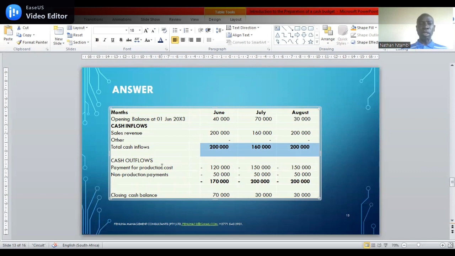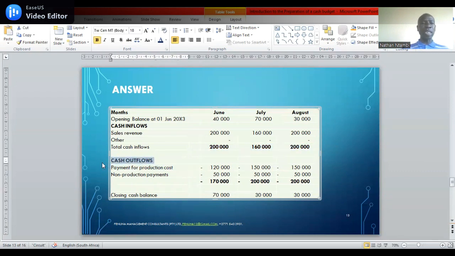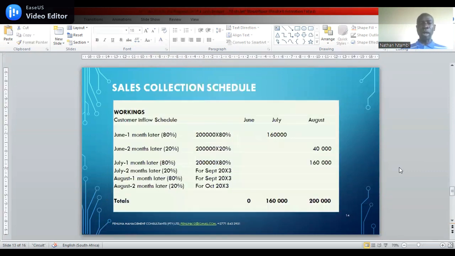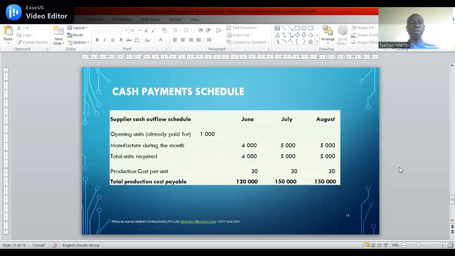The cash outflows are going to be calculated as follows. Let's look at the table for the cash outflows. Open units are already paid for, which are 1,000. Then it means that in the month of June, 4,000 will need to be purchased. And then July, 5,000. August, 5,000, as indicated in the question.